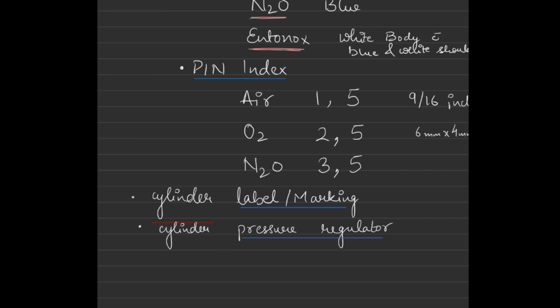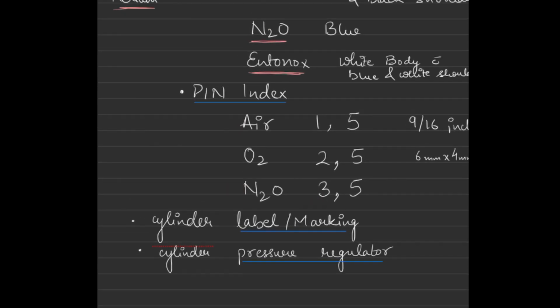So pins are arranged, this is the port, pins are arranged 1, 2, 3, 4, 5, 6 and 7, and 7 is slightly not in the arc and thicker. So air has a pin index of 1,5, oxygen has a pin index of 2,5, nitrous oxide has a pin index of 3,5.